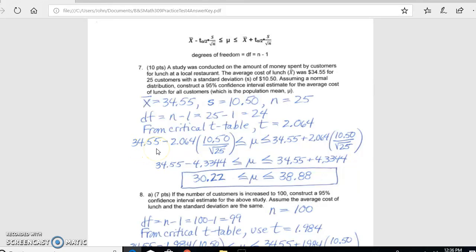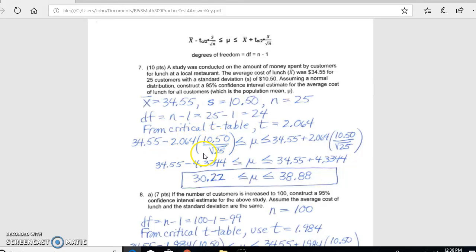The X bar 34.55 minus the T of 2.064 times the S, which is 10.50, divided by the square root of the N, which is 25. And the square root of the N, 25, is going to be 5.